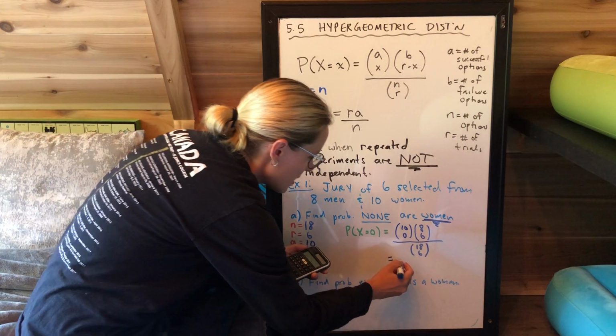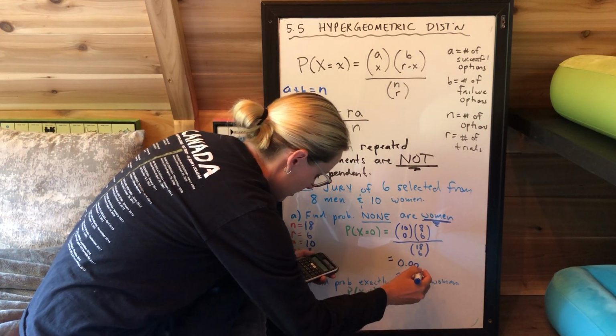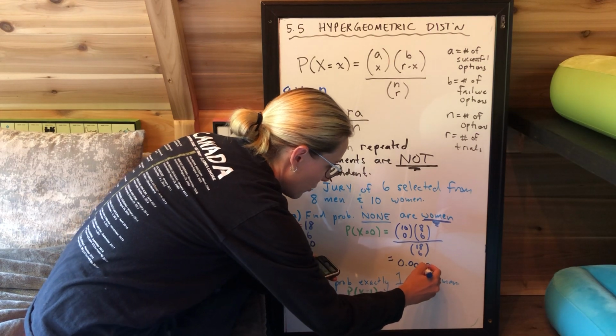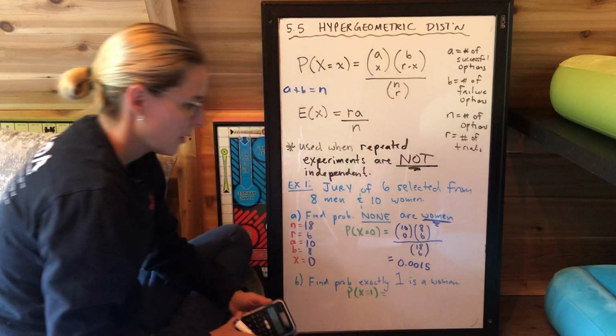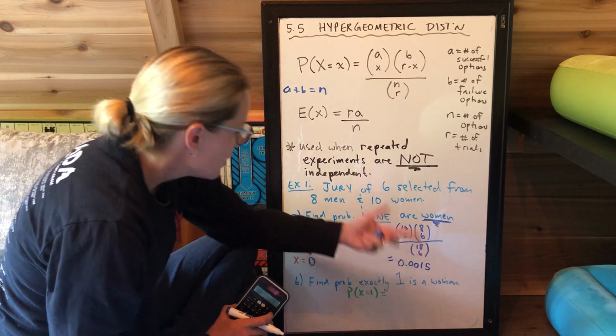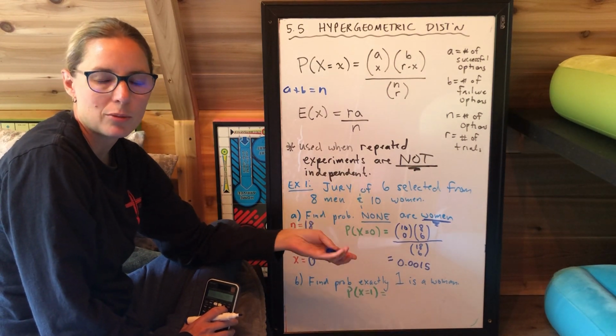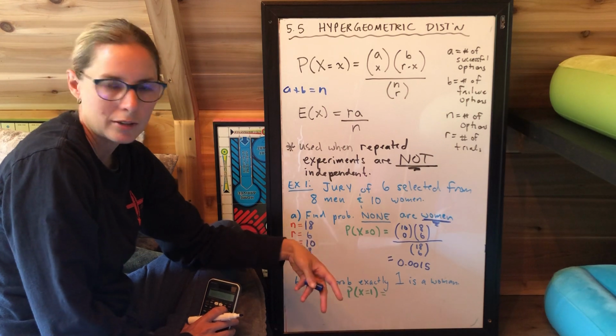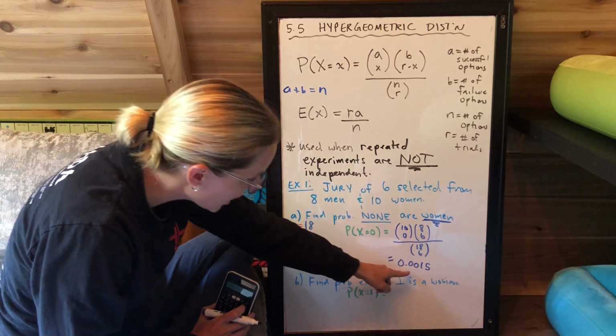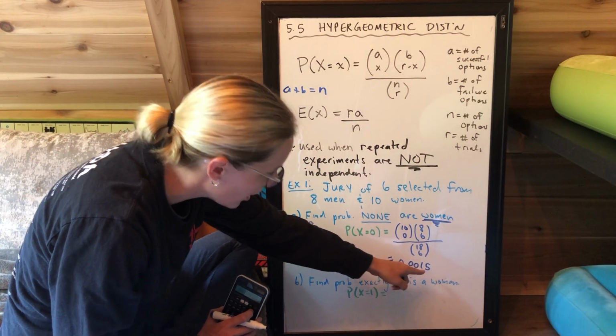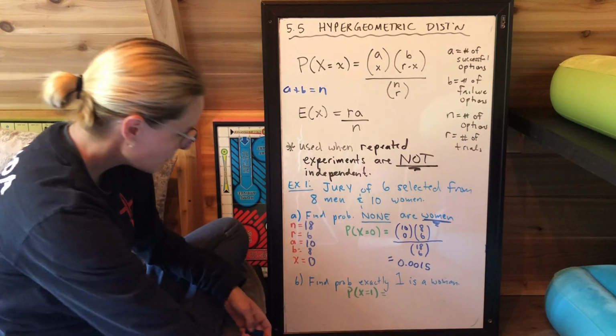And I get the chances that we get no women on the committee is 0.1%. That makes sense, because there are 10 women in a group of 18 and you're selecting 6 people, chances are you're going to get a woman somewhere. So the chances of getting exactly none is 0.0015, which is 0.15%.